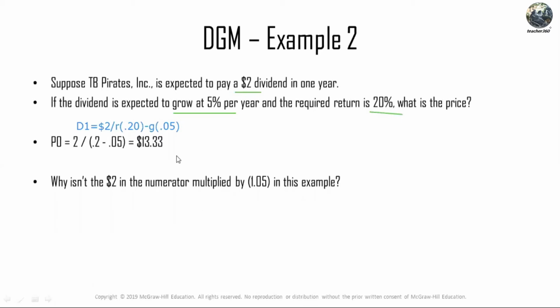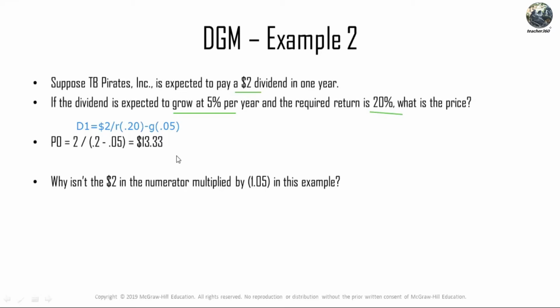So now again, I'm asking the student, why is the $2 in the numerator not multiplied by 1.05 in this example? Why is it not written as 2 into 1 plus 0.05?